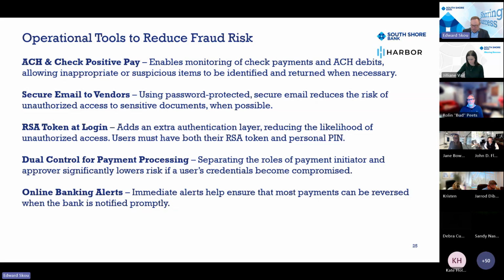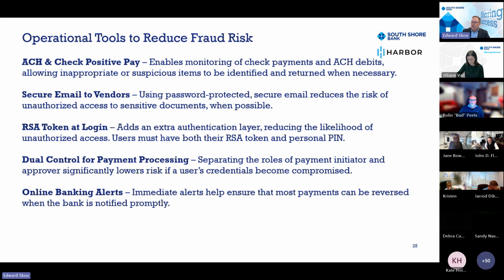So you can return the check or the ACH transaction if it doesn't match with something that you issued or approved. So that's a key tool. We mentioned secure email for sensitive information. I'm not going to go over it again, but that's key. And again, I think you can find services pretty easily for that, so it can be added on top of what you have today.